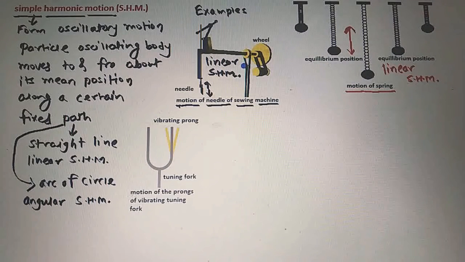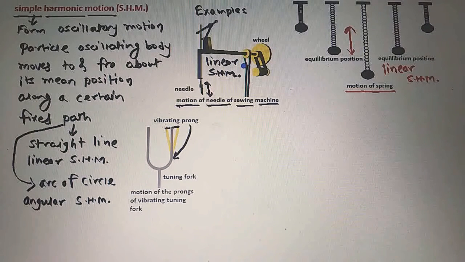The next example is the motion of the prongs of a vibrating tuning fork. See here, this is a prong, and when it vibrates, it vibrates constantly in a backward and forward direction.